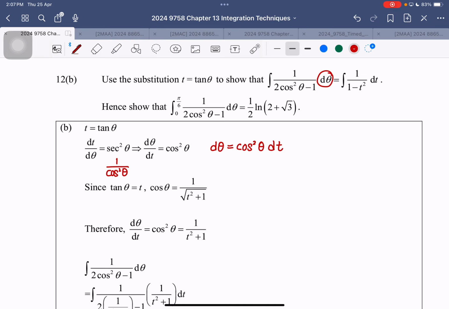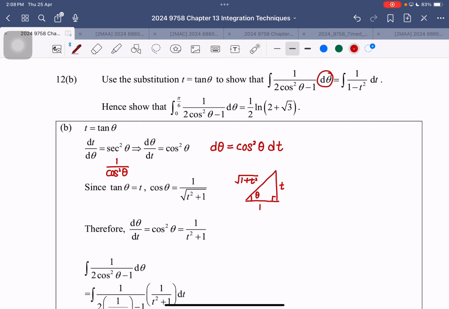If you have tangent theta equals t, it is telling you that if the right angle triangle has theta here, the opposite is t, and the adjacent has a value of 1 unit. Then the hypotenuse can be found as the square root of 1 plus t squared, by Pythagoras' theorem. So you can see that with this triangle, you are able to write out any of the three trigo ratios: sine, cosine, tangent.